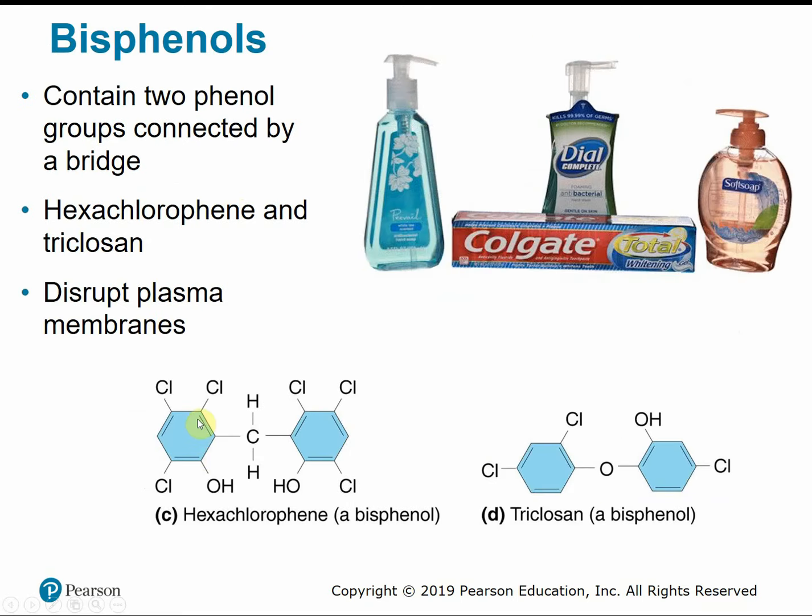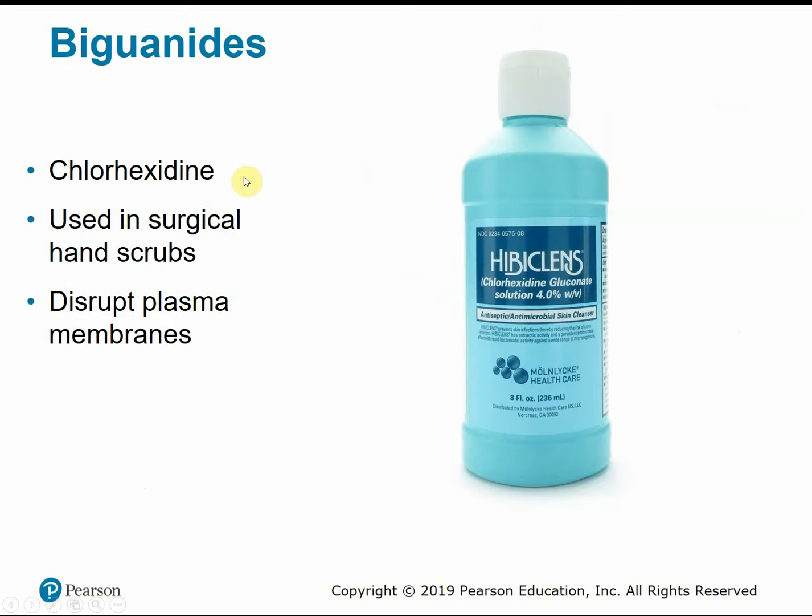Bisphenols are essentially just two phenols linked together. A common one found in your everyday antibacterial hand soaps is triclosan. And these also work by disrupting and attacking those plasma membranes. Chlorhexidine is a biguanide that's used in surgical hand scrubs. It also attacks the cell by disrupting the plasma membranes.